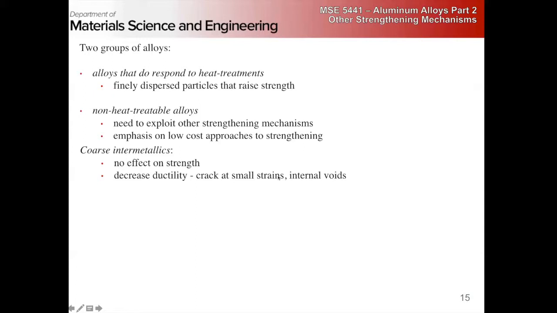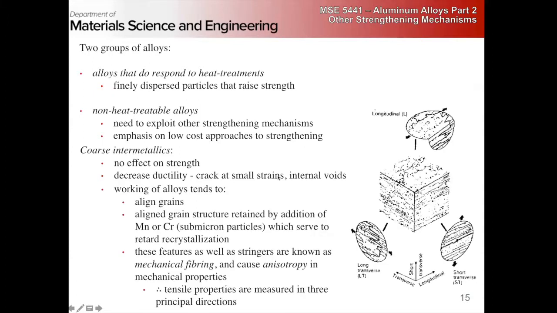Right? So I asked you to think about where the stringers come from. If we work our alloys, we're going to align the grains. When we roll, imagine you've got a particle with precipitates at the grain boundary.